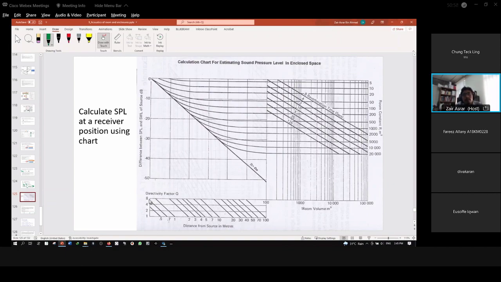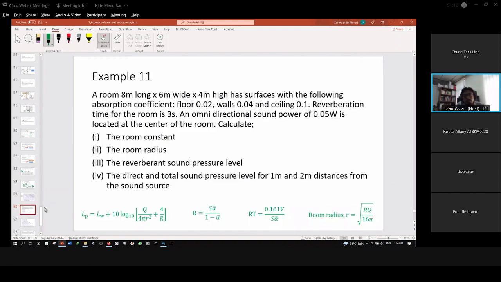Then we have the relationship between directivity factor Q and distance from the sound source. So we can use this to calculate the sound pressure level at the receiver. Or I normally use an equation to do that, much simpler.